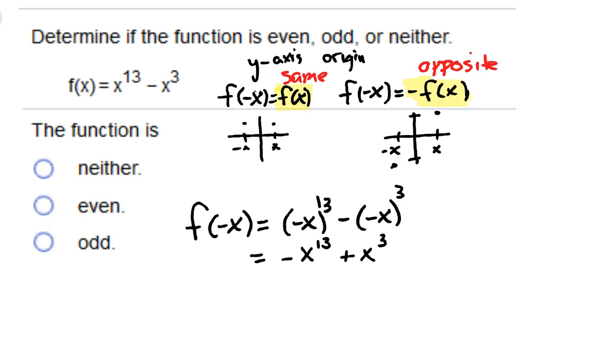So my original function, remember, is x to the 13th minus x to the 3rd, and these are definitely not the same. And we can see that the term x to the 13th, one has a positive, one has a negative, and the x to the 3rd term, one has a positive and one has a negative, so they are the opposite.